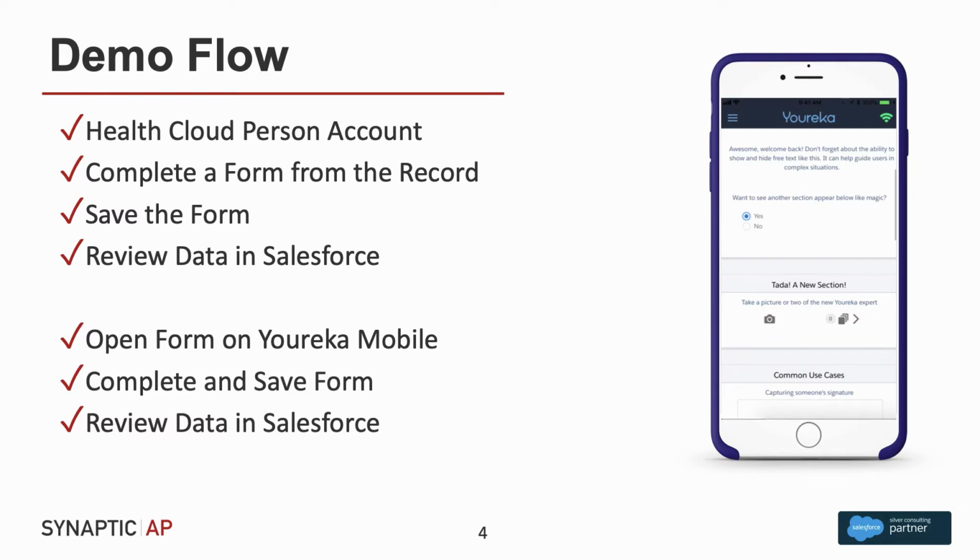This form is just a PHQ-9. It's a pretty simple yet flexible form. We'll save that, and then we'll review all the data back in Salesforce, look at what happened, and then make some changes. Then we'll fill out the same form on the mobile app so that you can see the similarities and differences between those two user experiences.